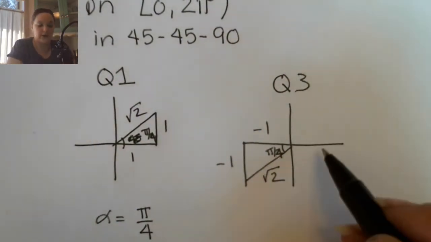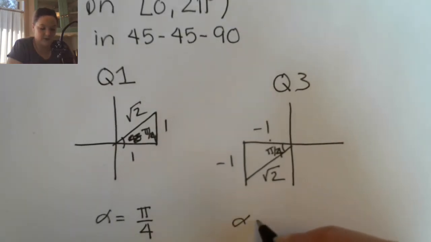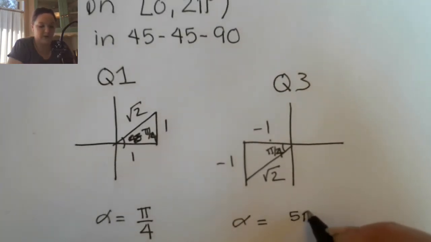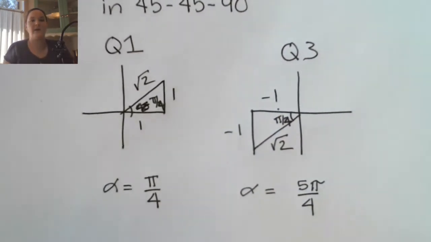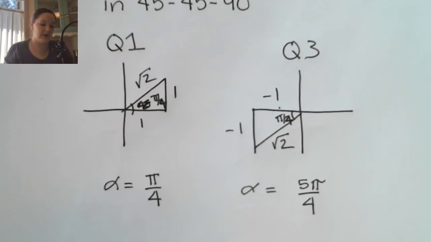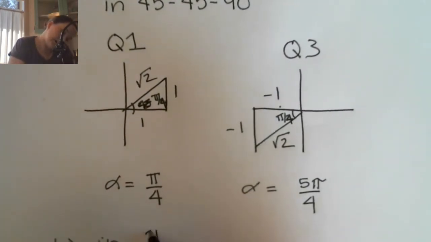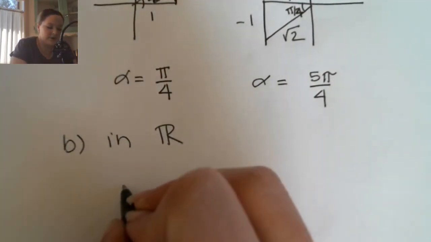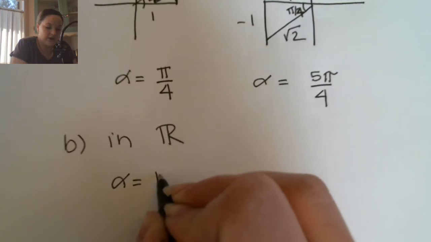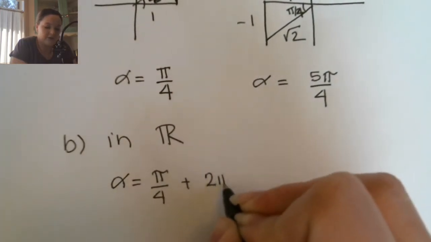And then in the third quadrant, we've got pi plus pi over 4, which is 5 pi over 4. So there are our first solutions in 0 to 2 pi. Then for part B, when we want all of our solutions, we're going to take our initial solutions and add all the coterminal angles.